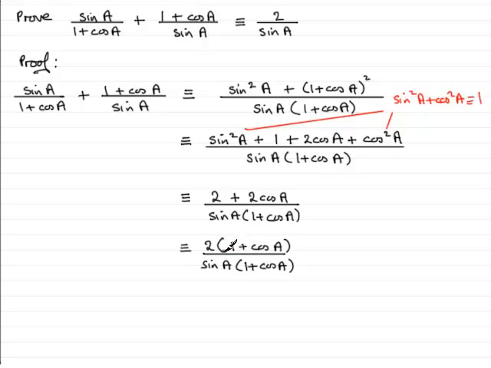So we can divide top and bottom by 1 plus cos A. So they cancel themselves out. And what we've got is our final answer, 2 over sine A. So we've been able to prove it. So just put that down neatly here, 2 over sine A.